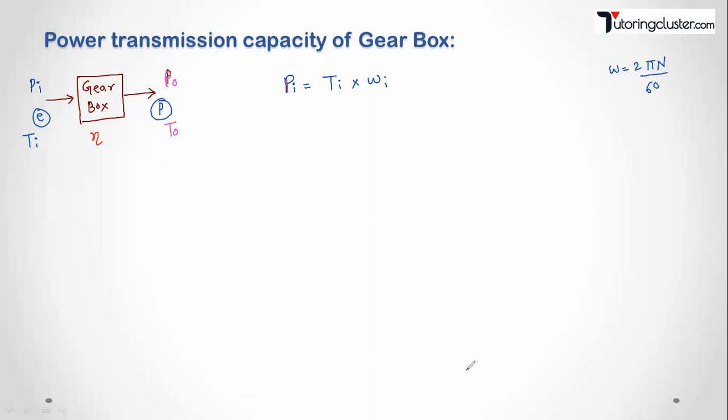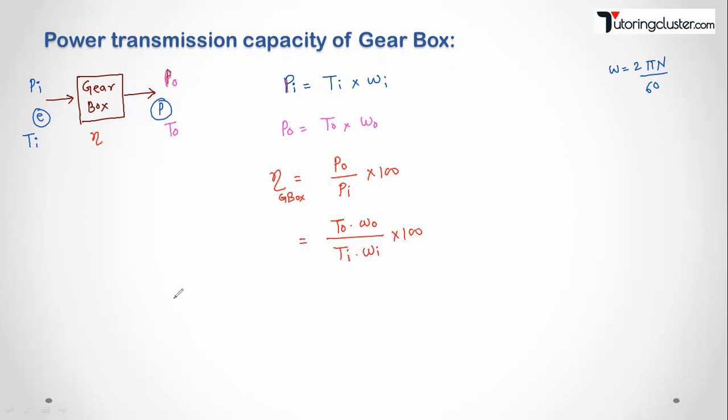Similarly, for the output power, output power is To into omega O. So what will be the efficiency? Efficiency of the gearbox is defined as output power upon input power into 100. Efficiency is always expressed in percentage, that's why I am multiplying with 100. So efficiency is To into omega O upon Ti into omega I into 100.